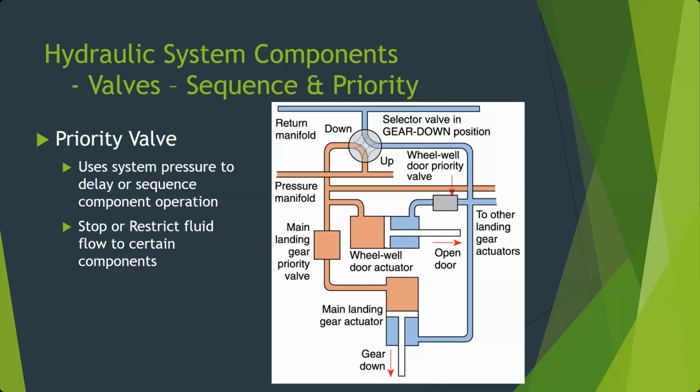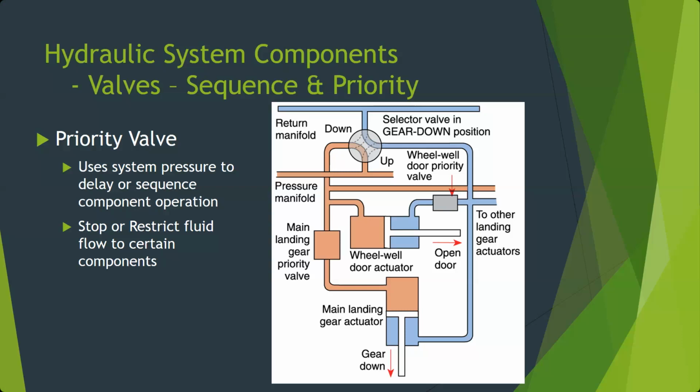It's going to take the path of least resistance. But then once this door open actuator moves fully to its open position, that pressure is going to build back up in the manifold or in the supply line, and then the priority valve will open and send pressure down to that gear actuator itself. Okay, and it'll put the gear down in this case. When it goes up, it does the same kind of thing.